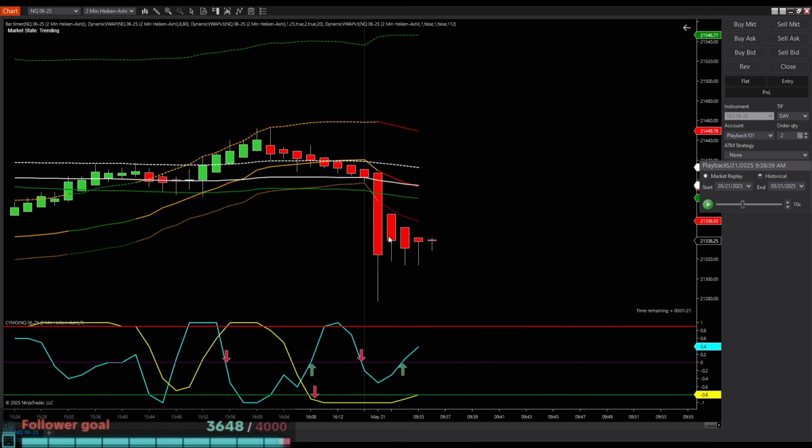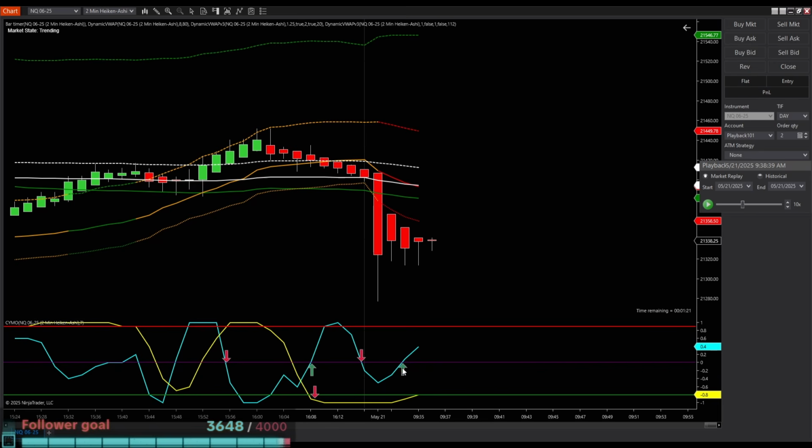And I hope you guys can see that. That's really important, and it's part of your risk management plan, okay? And this is the reason why you have these tools. Always start with the last half hour of the session, okay? This is going to tell you exactly which way price is going to roll right out of the gate.